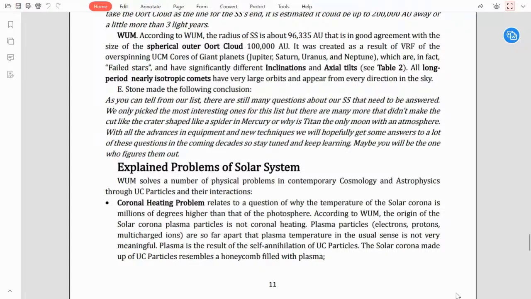Helene Stone made the following conclusion. As you can tell from our list, there are still many questions about our solar system that need to be answered. We only picked the most interesting ones for this list, but there are many more that did not make the cut, like the crater shaped like a spider on Mercury, or why is Titan the only moon with an atmosphere?